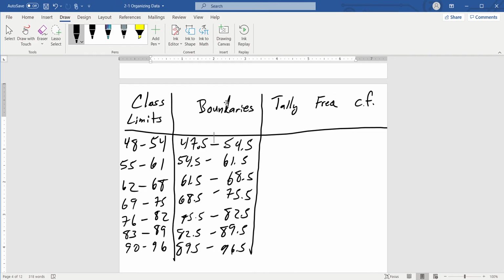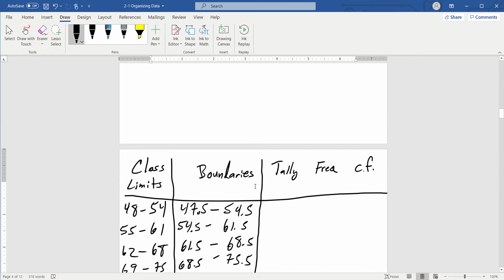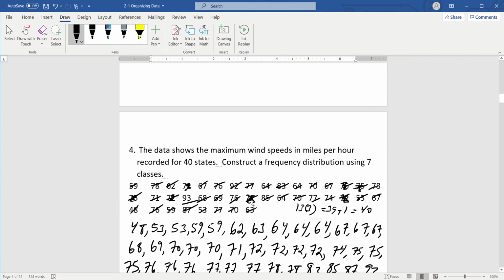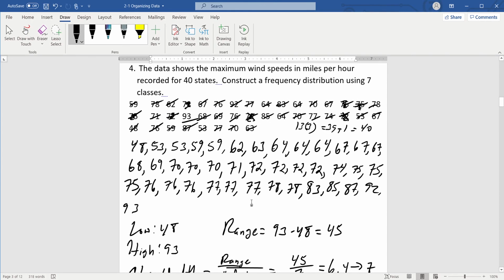All right, so now to tally up the numbers. So what I'm looking for is any and all numbers from 48 to 54. And this is also why you want to start off by listing these from small to high. So 48 to 54, 1, 2, 3 numbers. That's it.